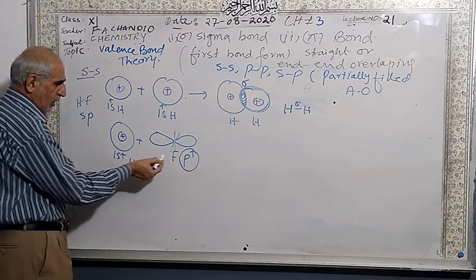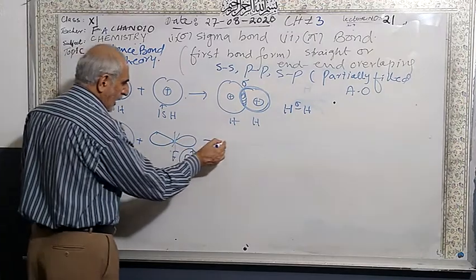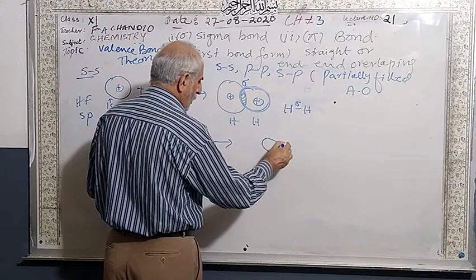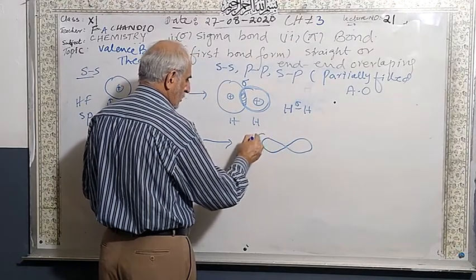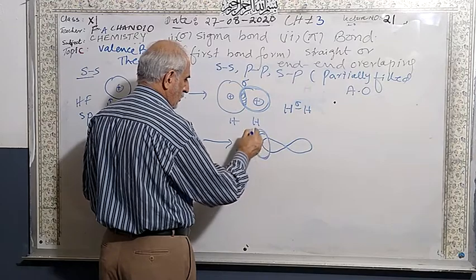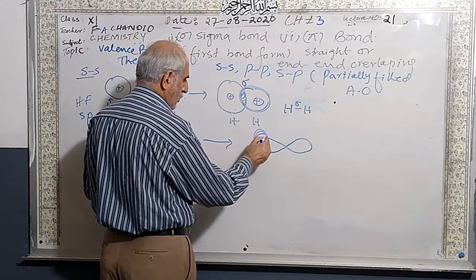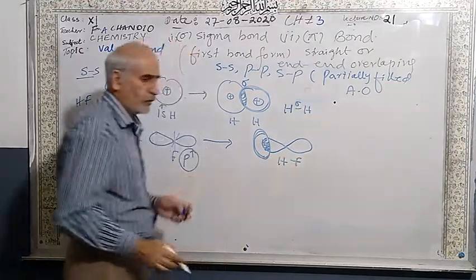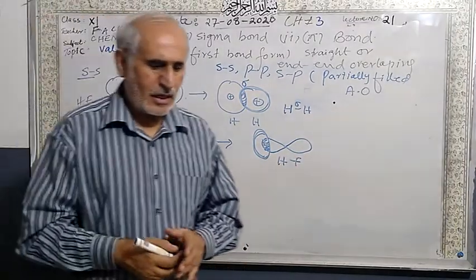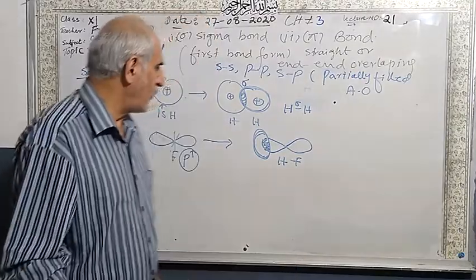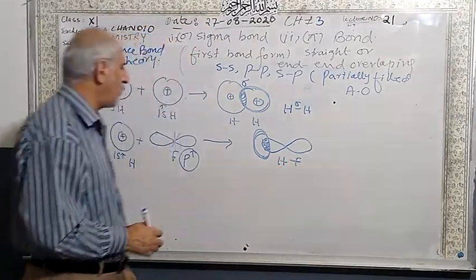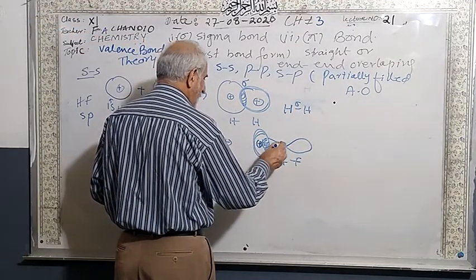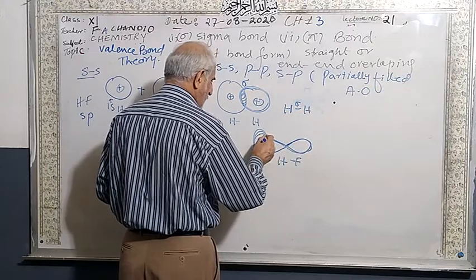This is for the hydrogen, this is for the fluorine, and they are going to overlap like this. This is the sigma bond formed between hydrogen and fluorine. This is the hydrogen, and this is the fluorine P shape.